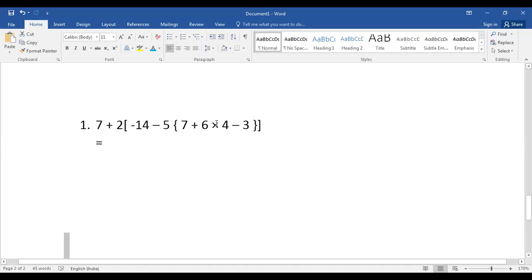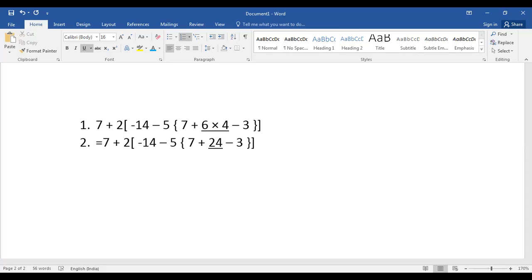So here first you are going to multiply 6 into 4. All other things will be as they are. So let us write everything down as it is, and instead of 6 into 4, what will come?